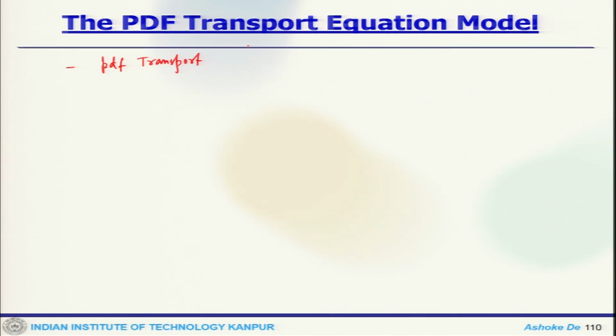We get the PDF transport equation for velocity and reactive scalars like mass fractions. This is based on one point statistics.